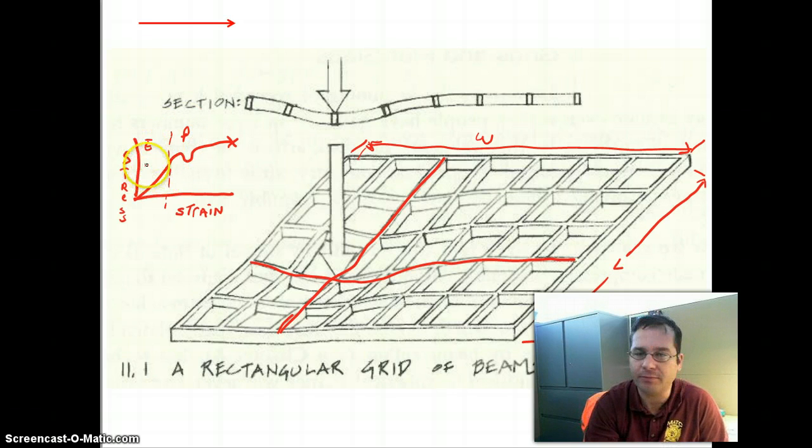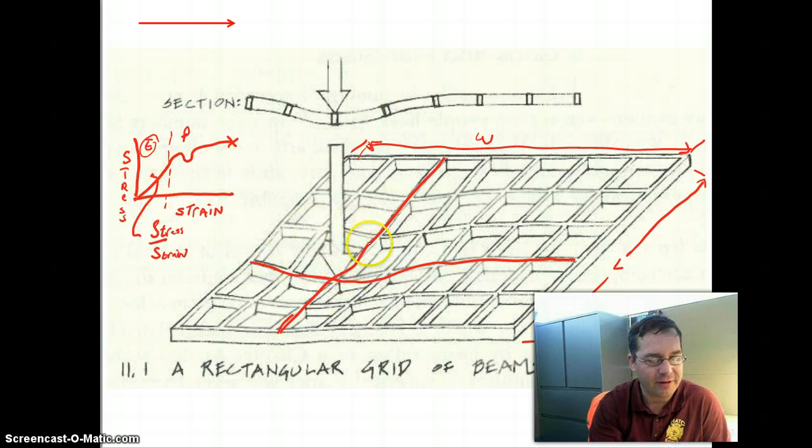And we always want building materials to be operating in this elastic region. And in this elastic region, what Hooke's law says is that this is a straight line. Basically, in this region, Hooke says that stress is proportionate to strain. And because that's the case, if we want both of these two beams to develop the same amount of force, they have to feel the same amount of deflection.